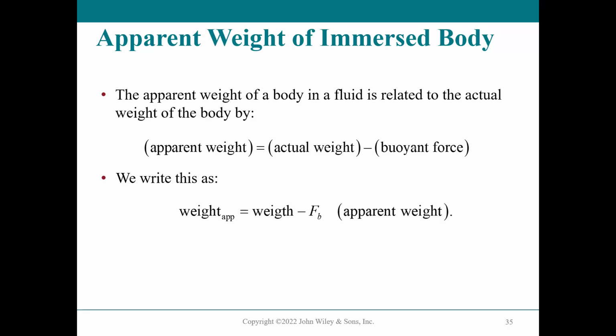Fg is the weight, and Fb is the buoyant force. This one is the actual weight, mass times g, minus mass of displaced fluid times g. We can calculate this weight equation.